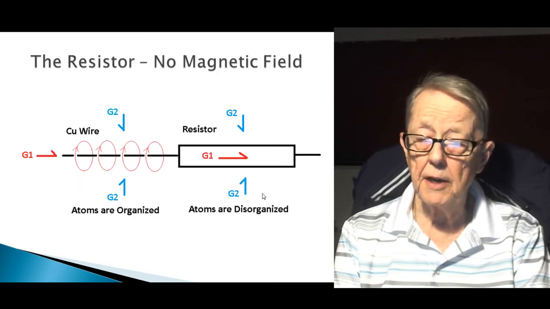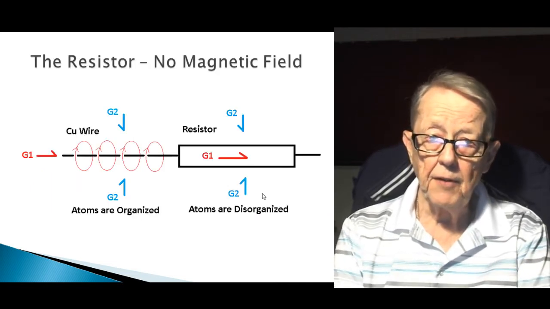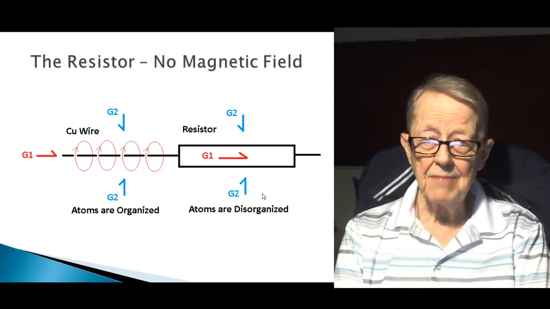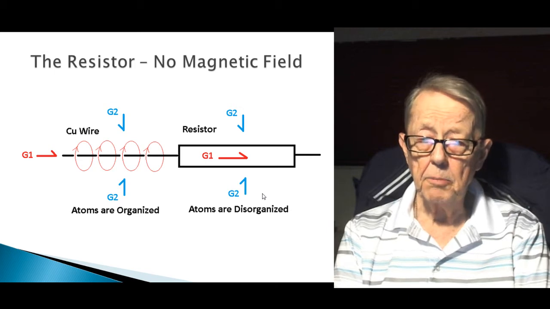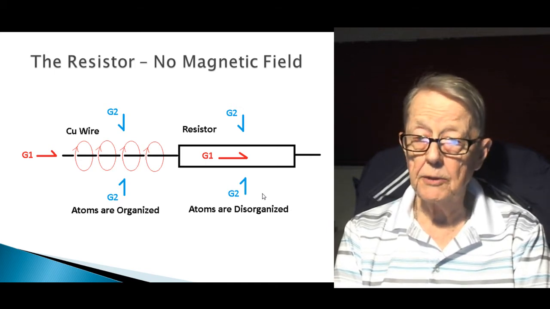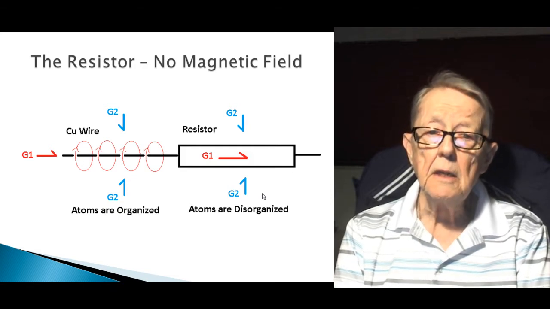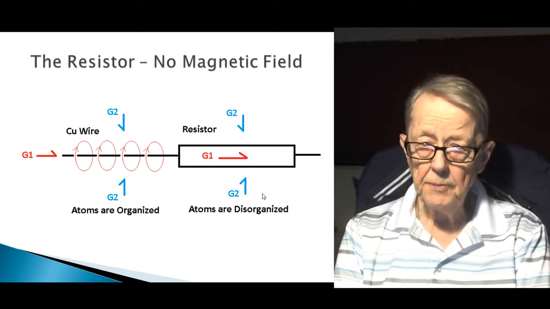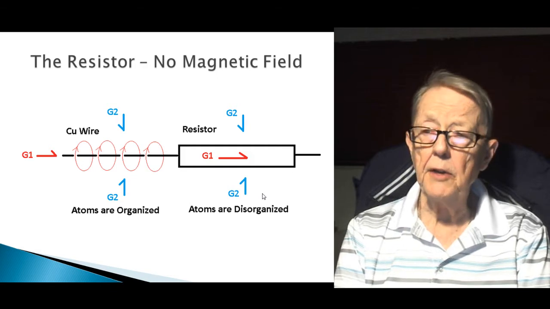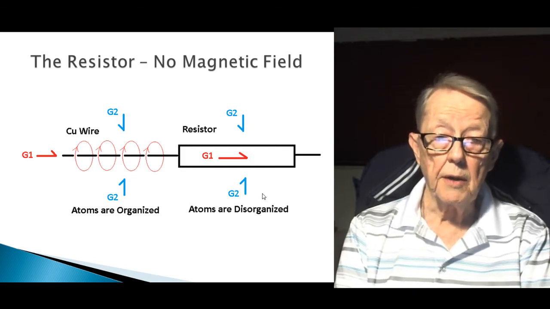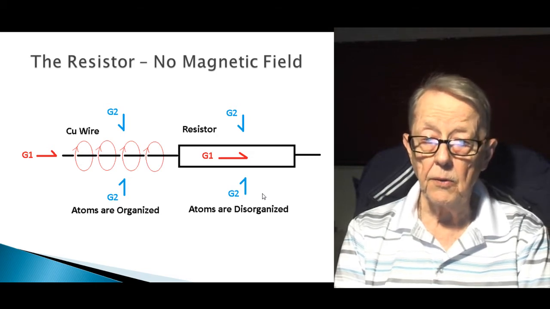So let's take a look at this. I find this a very interesting drawing. I did it. I'm going to compare the performance of a copper wire, which I have previously discussed in terms of a magnetic field, and a resistor where a continuous flow of G1 particles is moving through the copper wire and through the resistor.